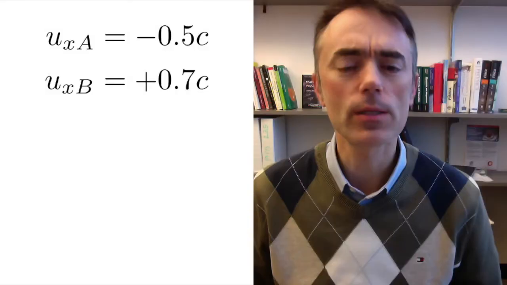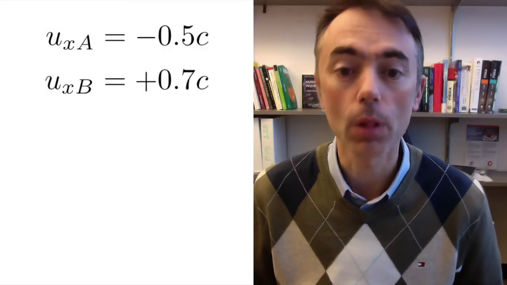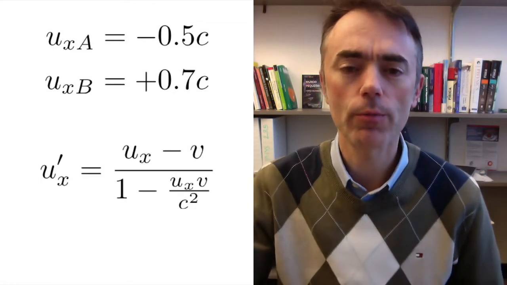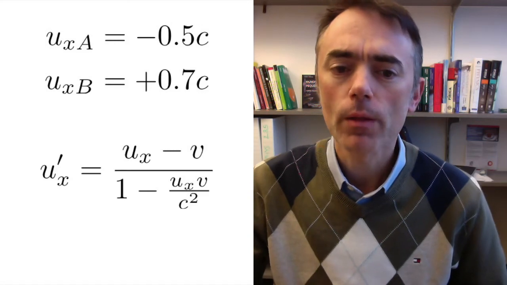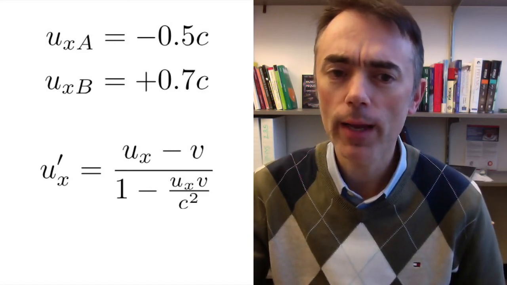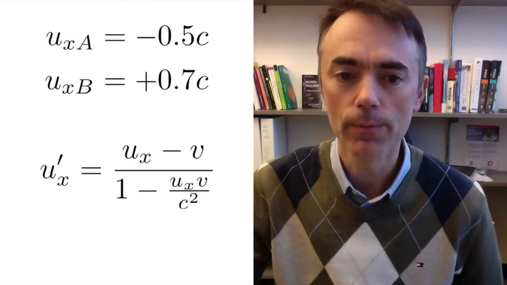Okay, here we have to be careful with the names of the velocities. So we have that uxa is minus 0.5c and uxb is plus 0.7c. This is the equation of transformation of velocities that we just derived. Now we have to see how we relate uxa and uxb to u sub x and v.